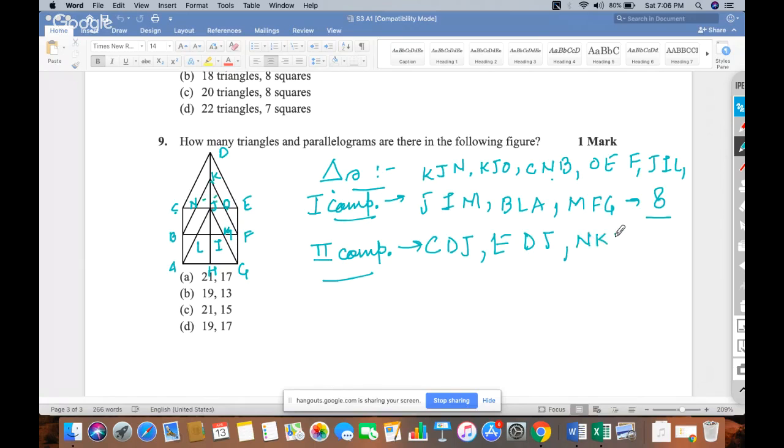Then I have here JLM. Then I have the below one, JAH. As I write JAH, you could have identified the other part also, which is JHG. So how many of them do I have? 6 here.